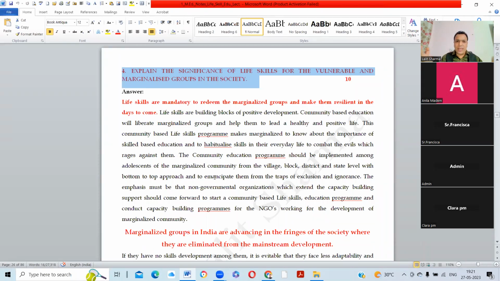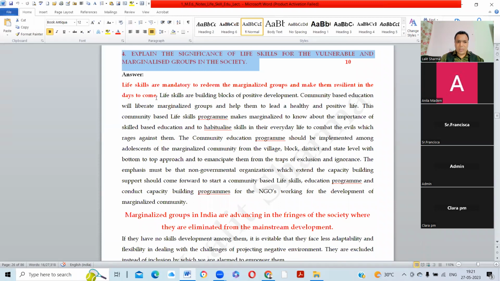Meaning the groups you are talking about: SC, ST, disabled persons, disadvantaged persons also come under this category. So we have to talk about the significance of life skills for them.